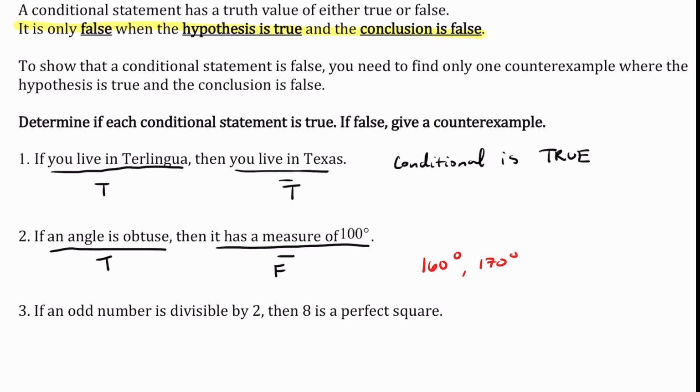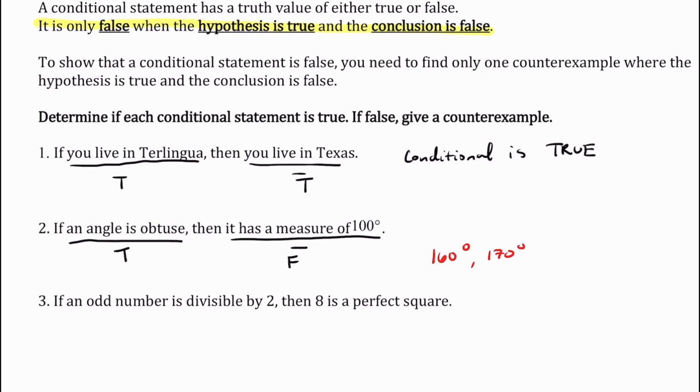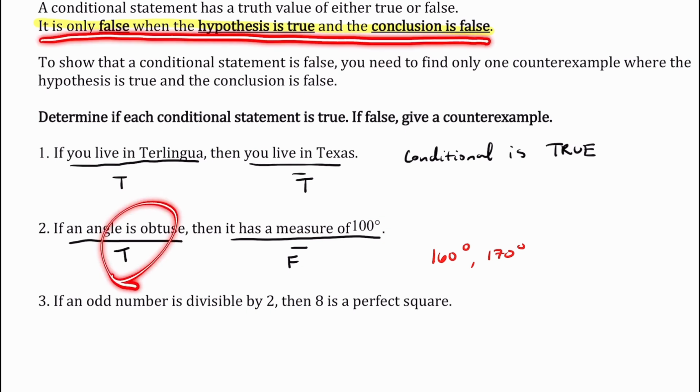These are specific counterexamples to disprove the conditional statement. So, since I have a true and a false, I can go ahead and say that the conditional statement is false because the hypothesis is true and the conclusion is false.